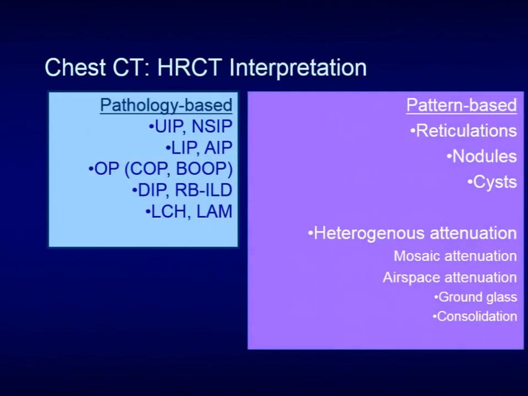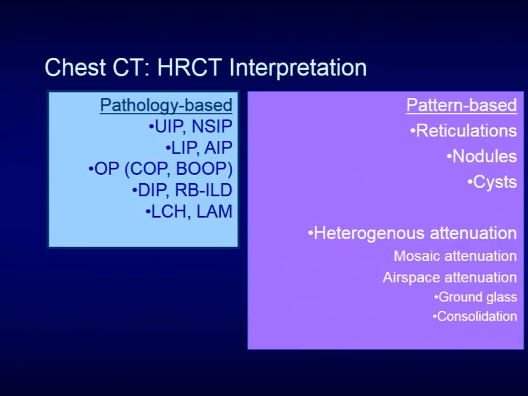Okay, so when looking at a high-resolution CT, it's really important to keep the pathology-based terms clear and distinct compared to the pattern-based terms. The pathology-based terms are really what's reflected on pathology.